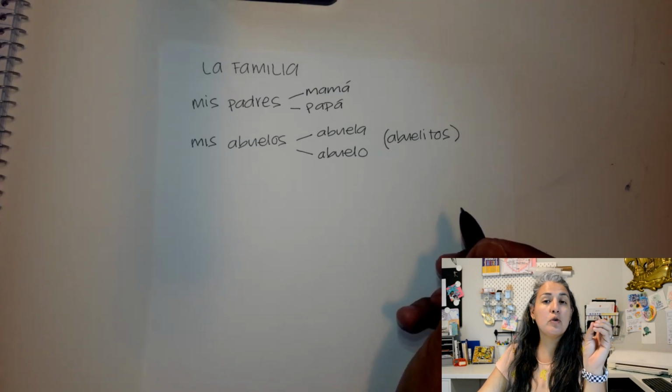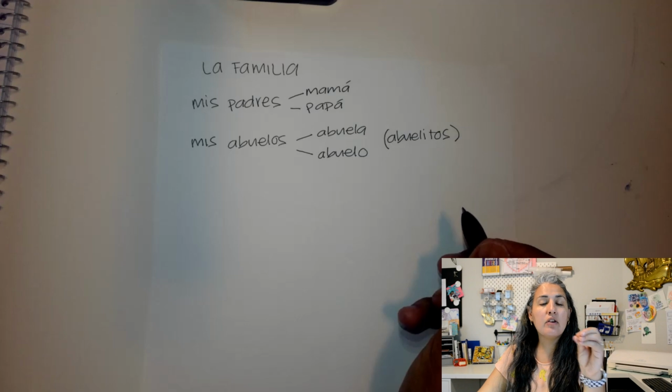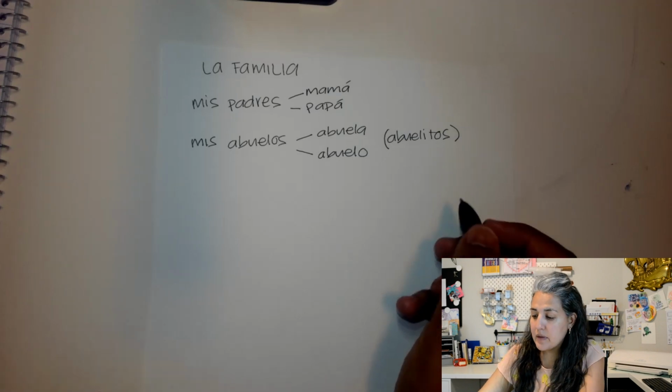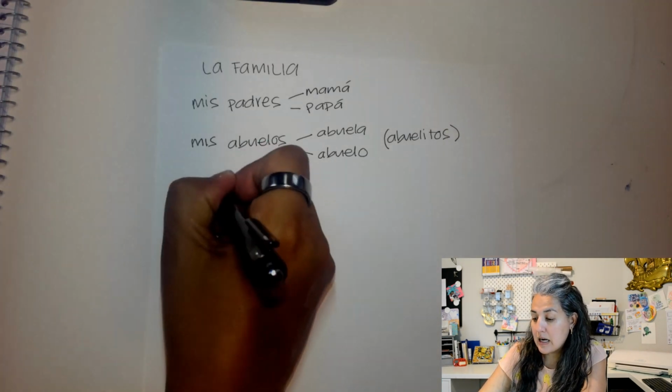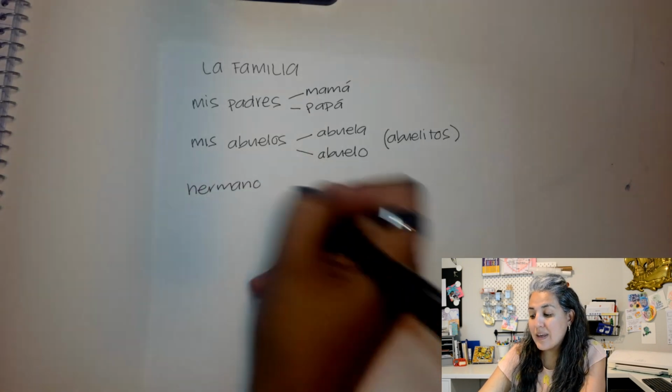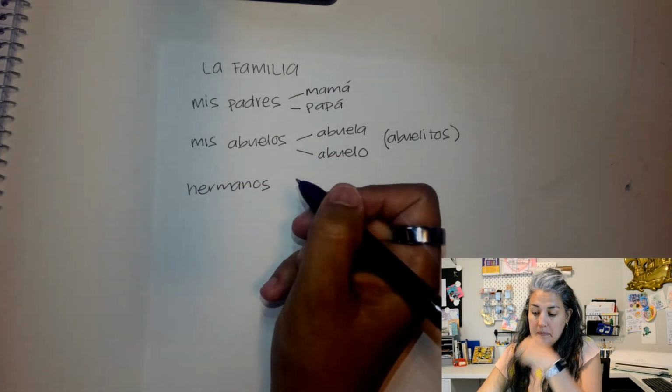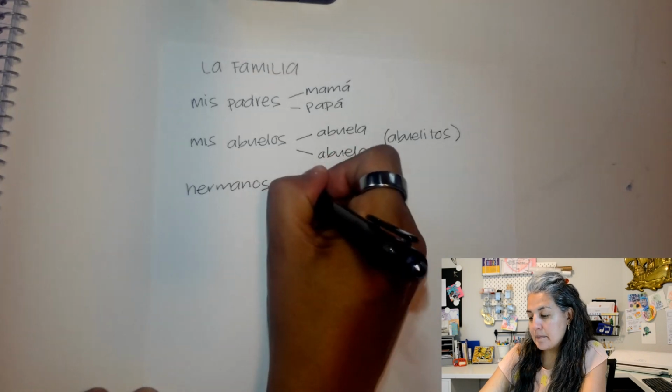If you just have sisters, there are girls, hermanas. So we have hermano. We can add an S if it's more than one. Hermanas. Sisters. Hermano, hermana.